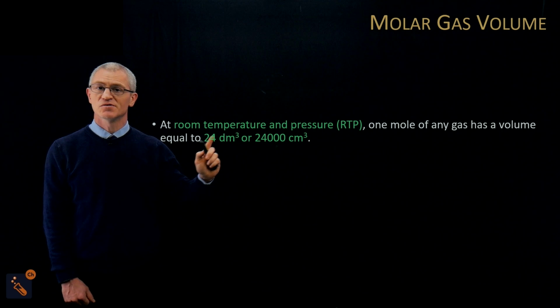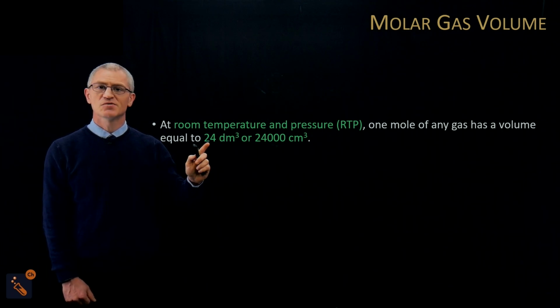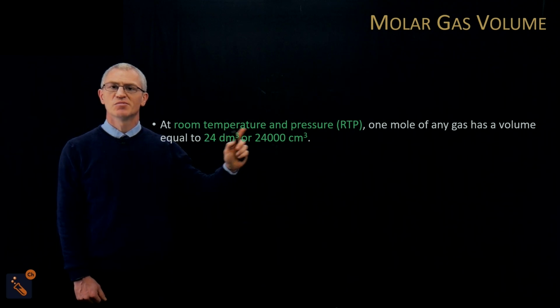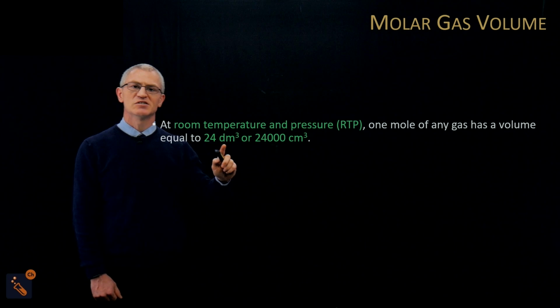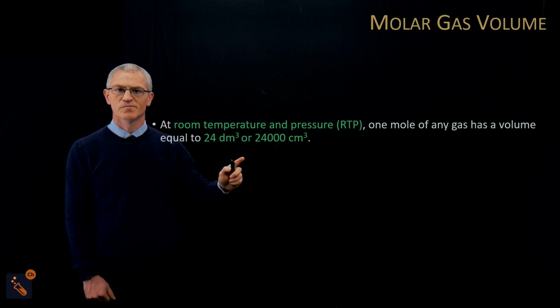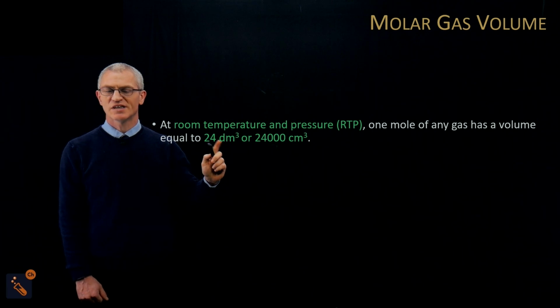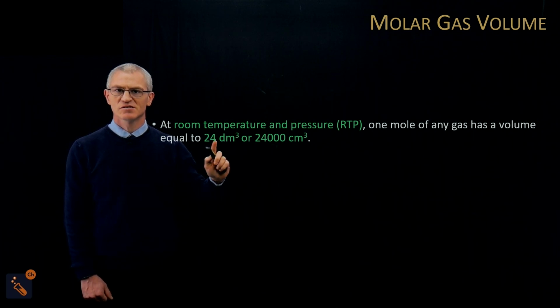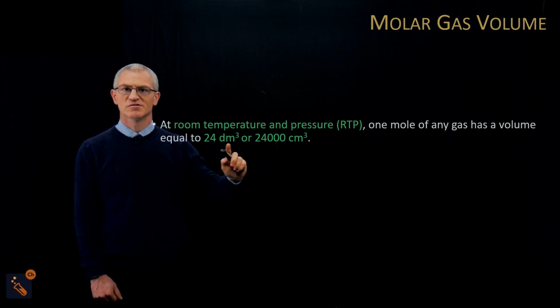said. So 24 decimeters cubed, really important you know the unit. And that means there'll be 24 decimeters cubed of that gas per mole of that gas. So remember it's 1 mole, so it'll be 24 decimeters cubed per mole. Now, 1 decimeter cubed is 1,000 centimeters cubed. So if you want to go from decimeters cubed to centimeters cubed, you have to times by 1,000.